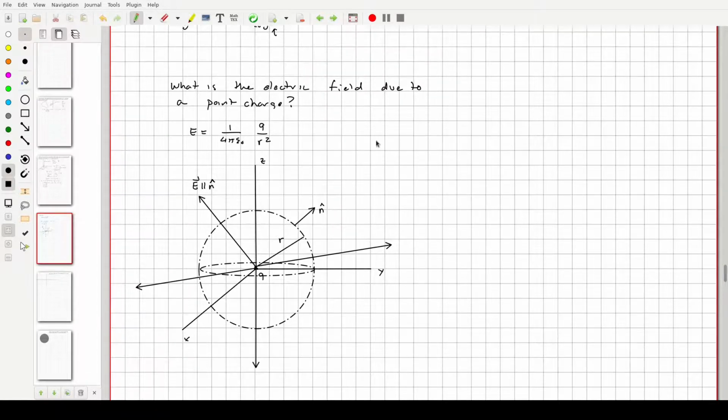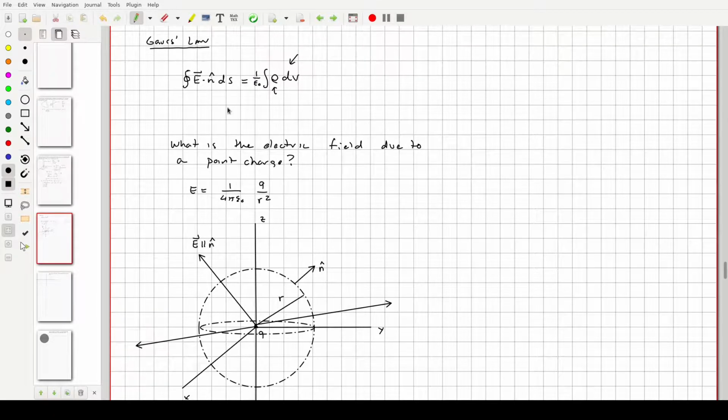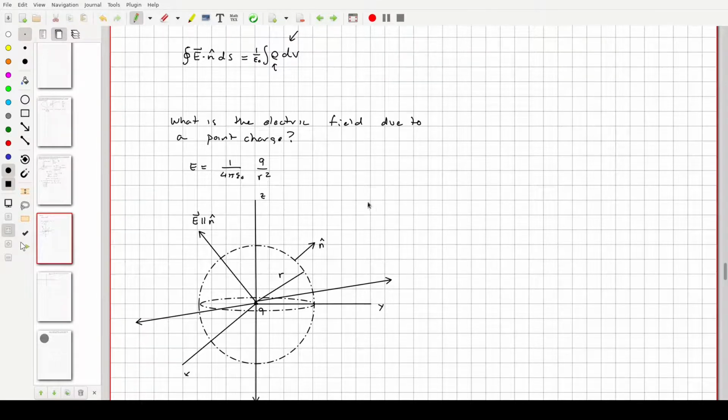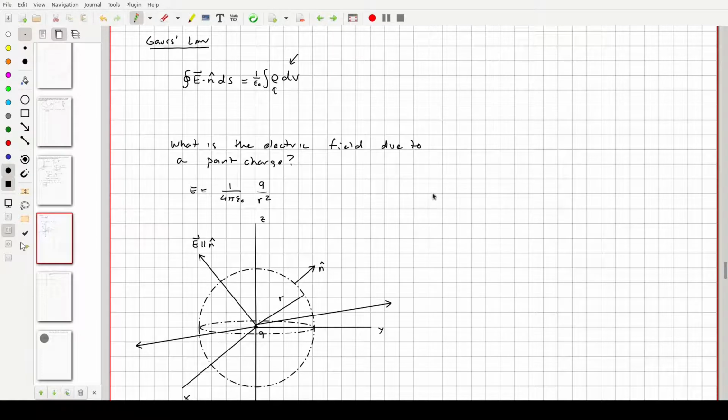So what I'd like to do is use Gauss's law to show you that you do in fact get this result. On the right-hand side, where you're basically adding up all the charges that you have in here, you only have one charge, so the value of this integral is just q.